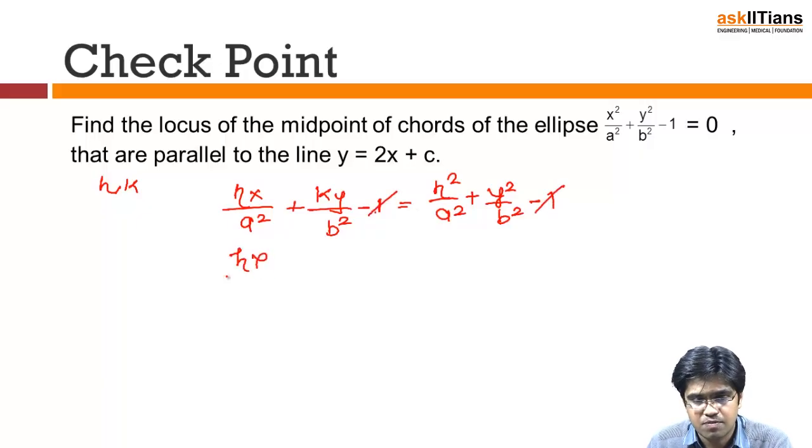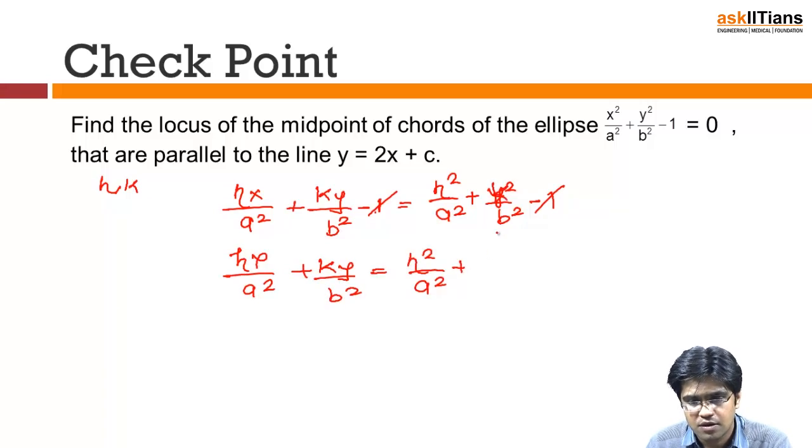We get hx/a^2 + ky/b^2 = h^2/a^2 + k^2/b^2.